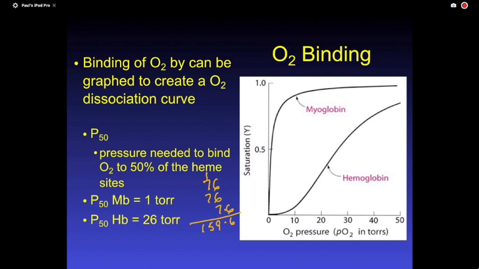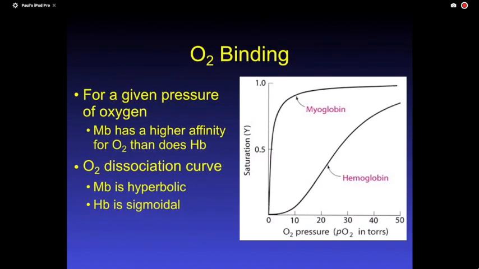And so we usually measure things by P50, half full, and so we can see half full for myoglobin is at 1 torr, and half full for hemoglobin is about 26 torr. Okay, you get about half full. All right. If you take a look, these are two different curves. One is sigmoidal and one is hyperbolic in terms of the dissociation.